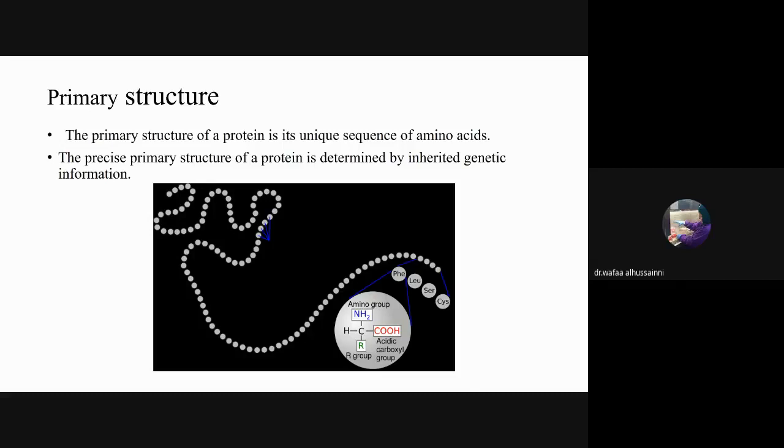So it tells it to put cysteine, then serine, then leucine, then phenylalanine for example, and so on, and it starts making up a polypeptide which makes up the protein. This unique sequence is specific for this protein and its specific function. Okay? So this sequence of amino acids, this order, is specific to this particular protein.